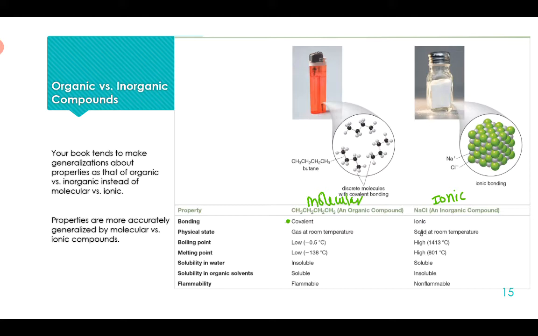Ionic compounds are typically solid at room temperature, and you'll never find them as gases at room temperature. As I said on the previous slide, the boiling points and melting points are much lower than that of ionic compounds. And we will see lots of molecular compounds that are soluble in water, but this particular one is not. I'm just going to write depends on functional group. And we'll get more into that when we get into our physical properties.